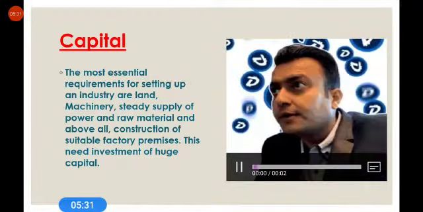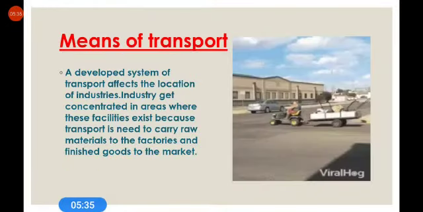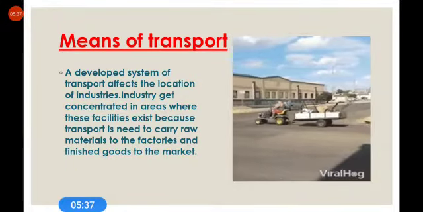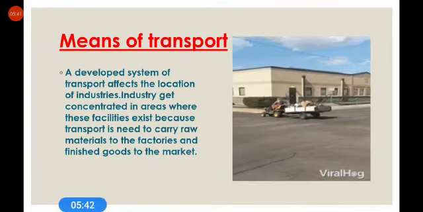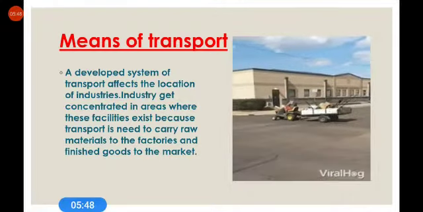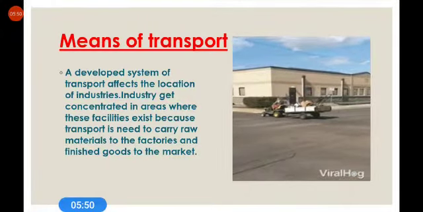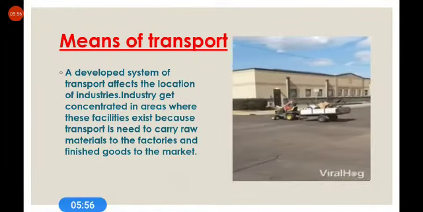This needs huge investment of capital. Next is transport. A developed system of transport affects the location of industry. Industries get concentrated in areas where these facilities exist because transport is needed to carry raw material to the factories and finished goods to the market.